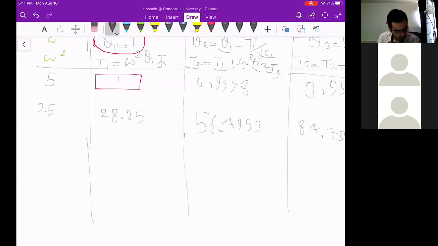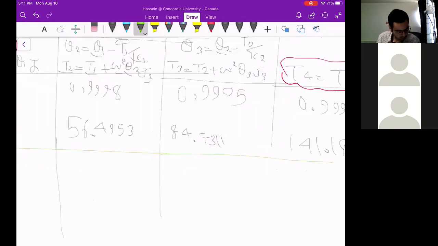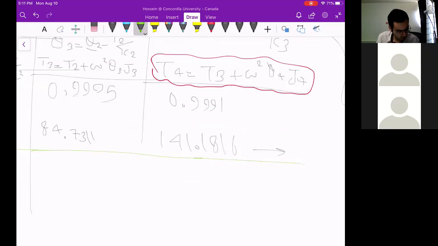So just draw a line to separate the first guess. So let's go for the second case.